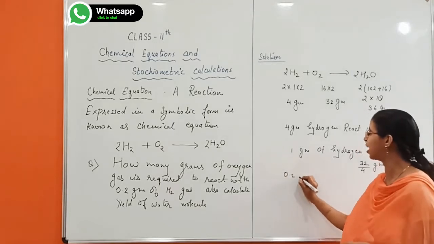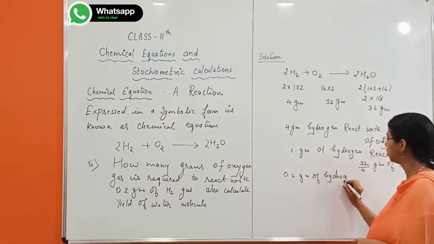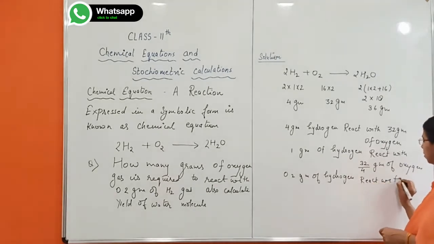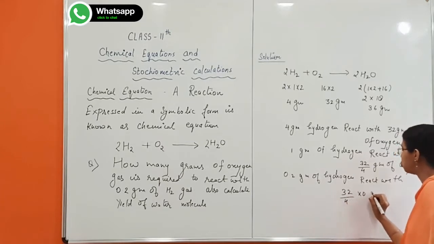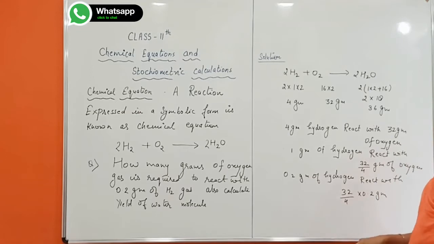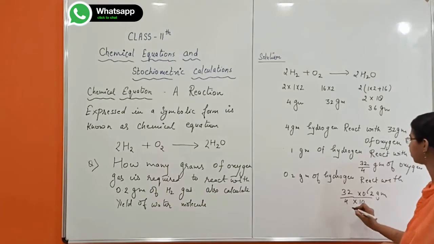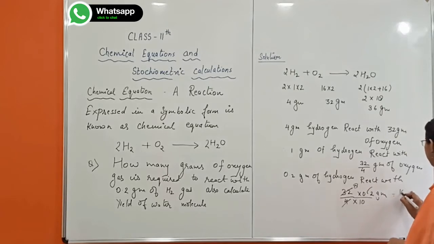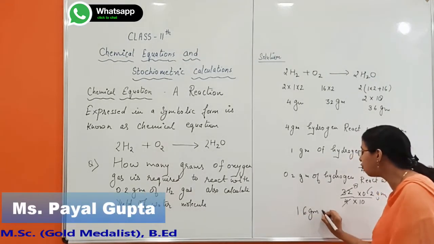So 0.2 grams of hydrogen reacts with 32 by 4 into 0.2 grams. So you can calculate that. It's a very simple calculation. Okay. 16 by 10. So it is 1.6 grams. So our answer will be 1.6 gram of oxygen.